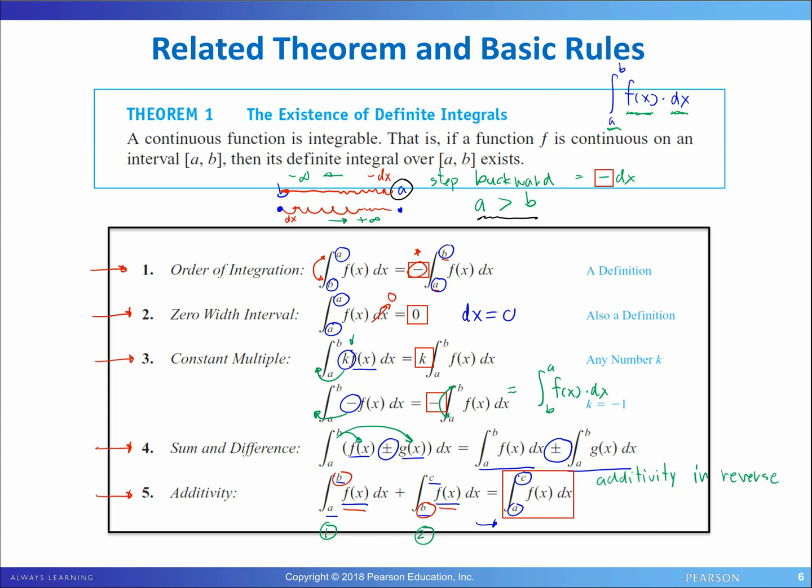This means that we can split this one integral into multiple integrals, multiple parts, as long as the intervals of the split integrals can be combined to be exactly from a to c. As long as they all combine to be this, it's all good.